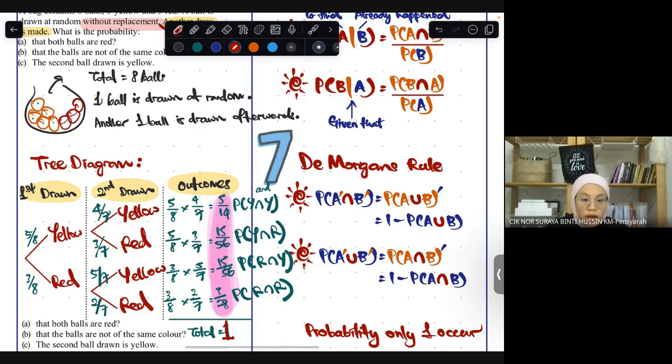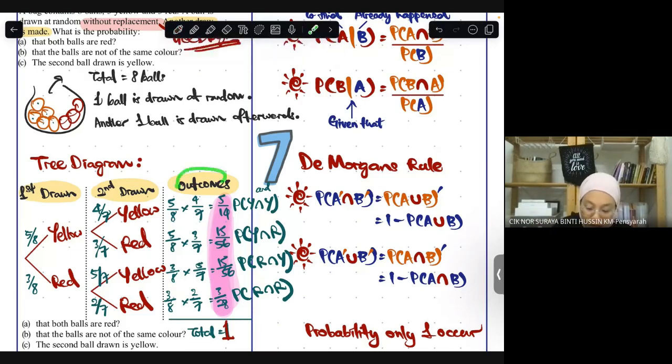It must be 1 because the total probability is always 1. Okay, try to calculate them together, plus them together, and you will literally get 1. These are the outcomes, and the total probability must be 1. That is called a probability, right? So now we don't get marks yet here. Maybe only 2 marks in the exam because we know how to use a tree diagram.